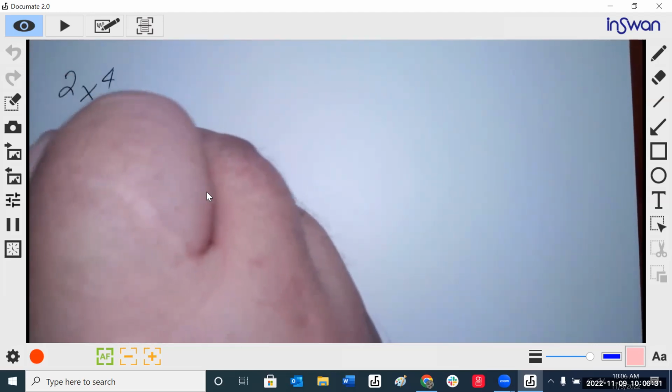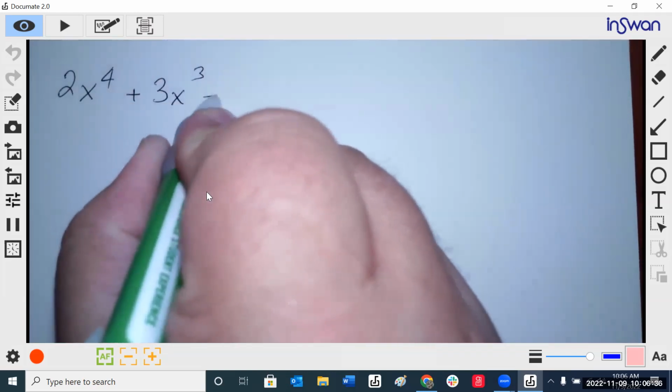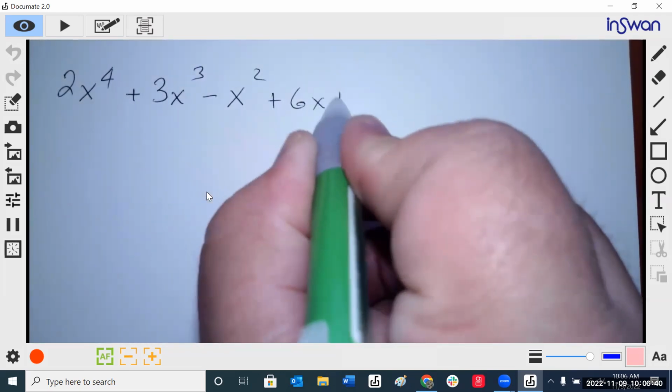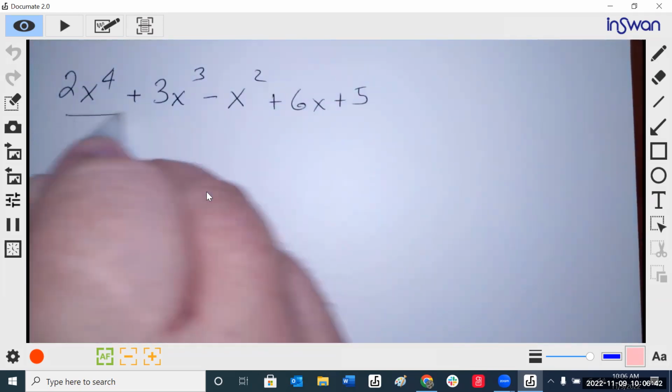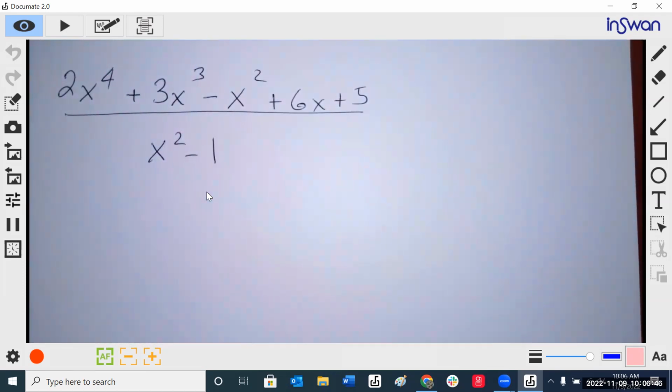2x to the 4th plus 3x cubed minus x squared plus 6x plus 5 all over x squared minus 1.